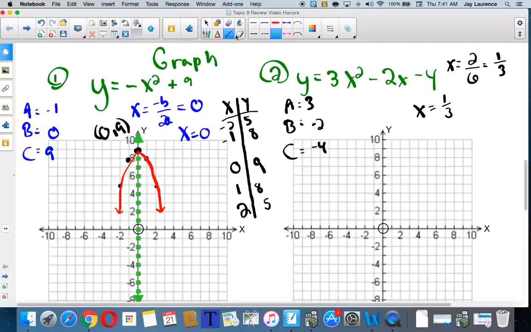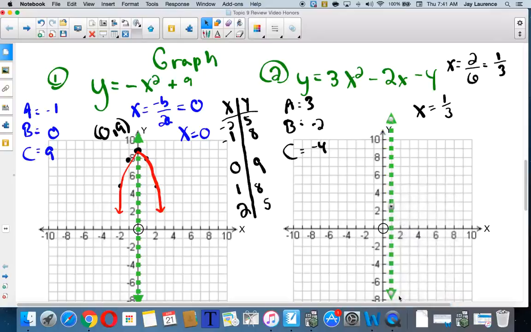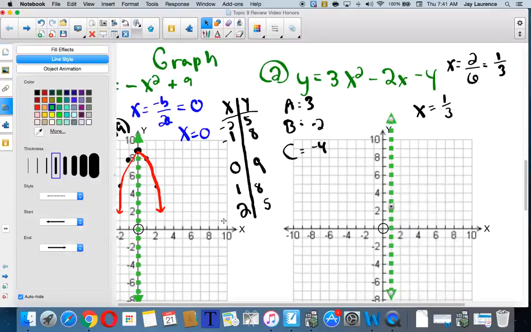I might make it real skinny on this one. After I do it 1/3, that's going to be a little bit harder to do. I'm going to be kind of guessing where it's at, right? Yeah, that's not the right position yet. Just be patient. I'm going to go ahead and make him a little bit skinnier. There we go.